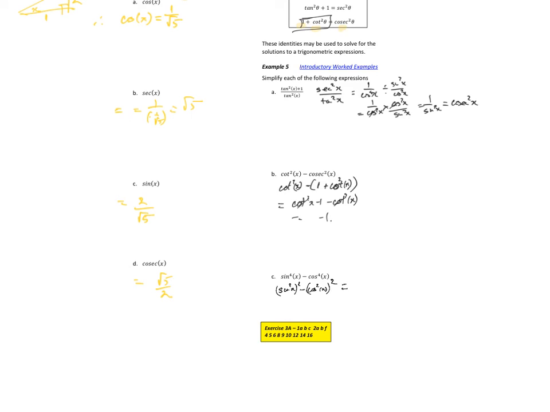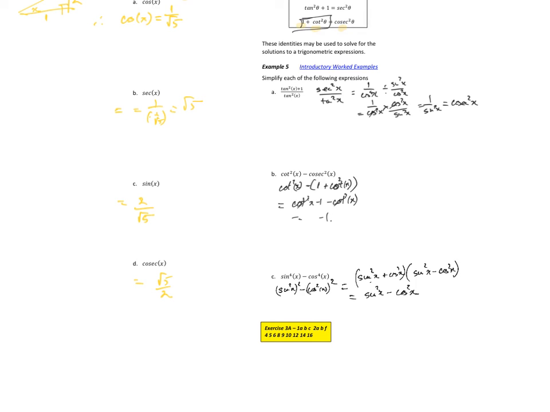So then that equals a plus b times a minus b. A plus b is 1, so that gives me sine squared x minus cos squared x.